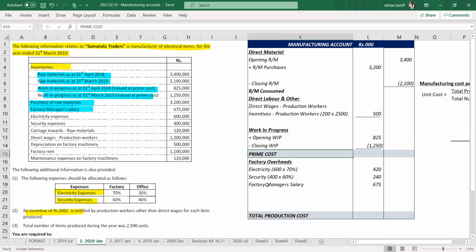Electricity, security, carriage units 120. Direct wages 1,200. Depreciation factory machinery 500.